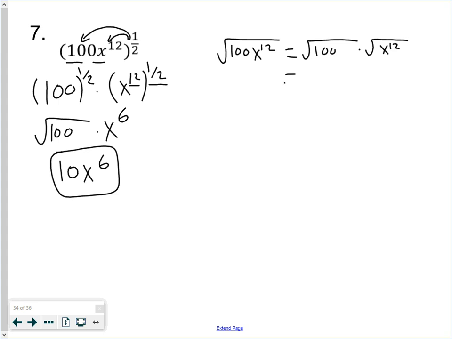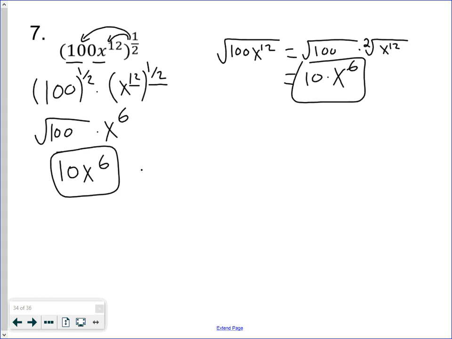The square root of 100 is 10, and the square root of x to the 12, with square roots, remember, that's the same thing as the second root. So we want groups of 2 to take out of x to the 12. So we can take out 6 groups of 2 x's out of x to the 12. So we take out 6 groups of 2 x's. We have 6 x's on the outside, or just x to the 6th.